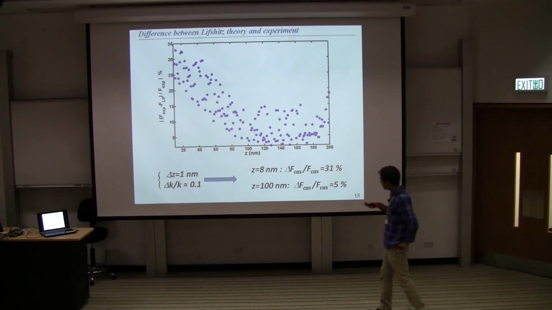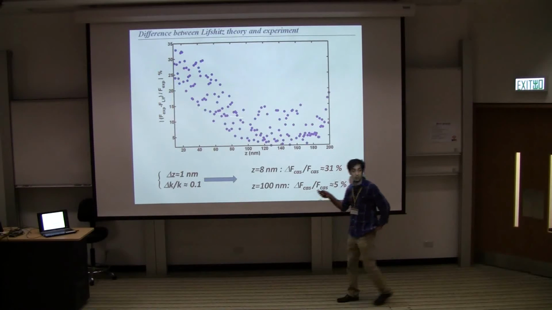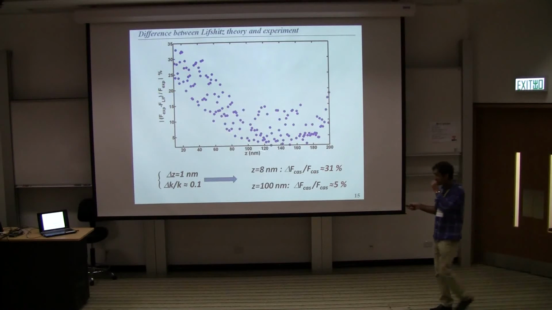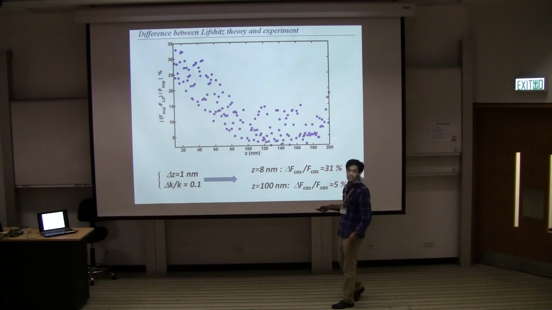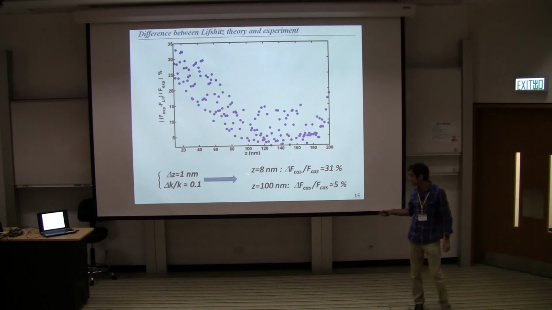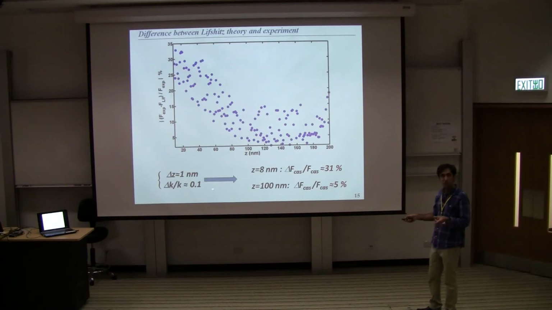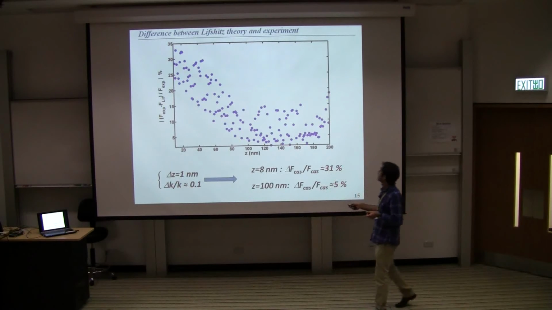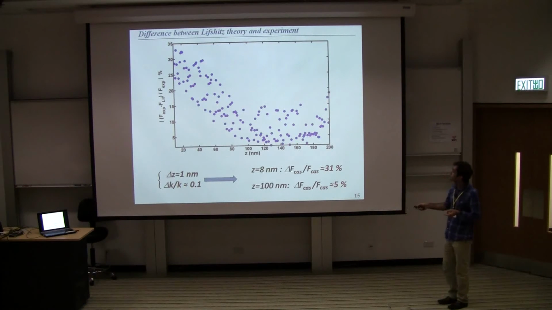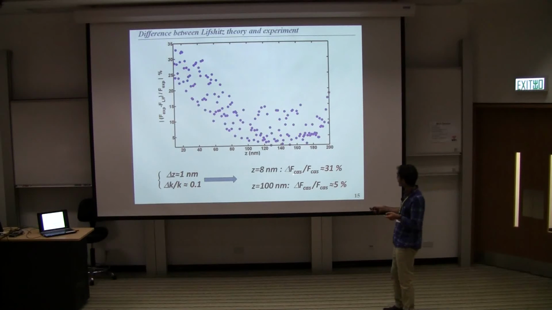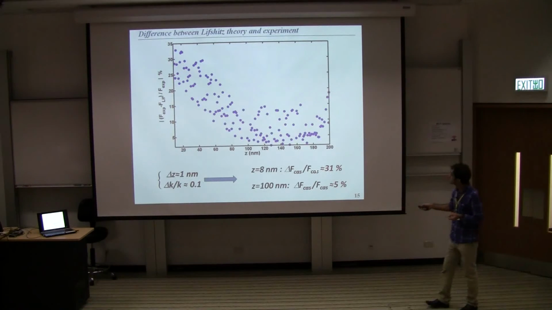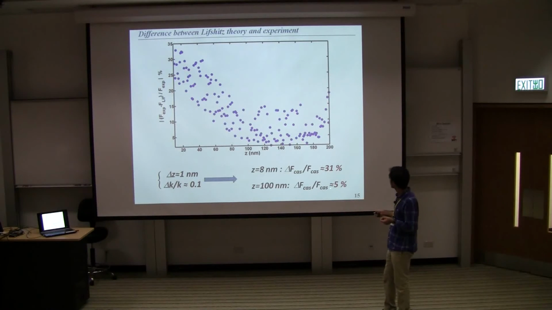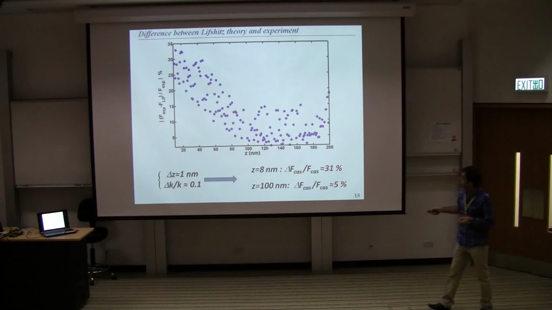Here is the absolute difference we got between the theory and experiment. But we should take into account the uncertainty: if we just consider 1 nanometer uncertainty in the separation between the sphere and plate, and a spring constant of 0.5, then at 8 nanometer, when we have jump to contact, the relative error becomes about 31%, and at 100 nanometer, we have about 5% relative error.